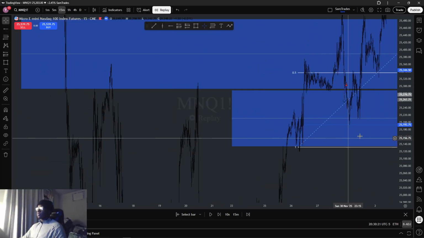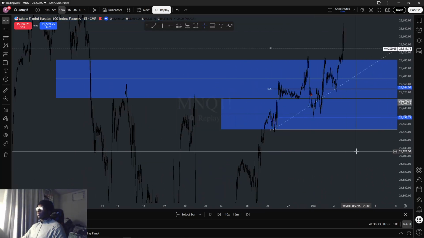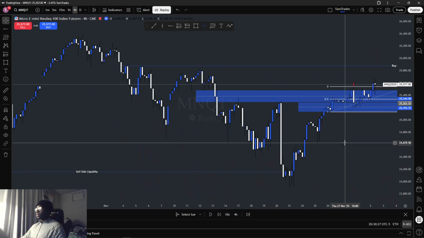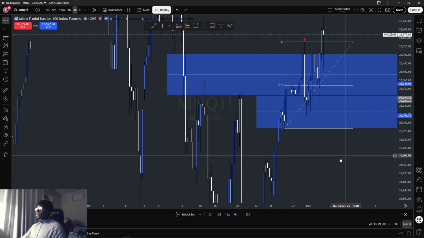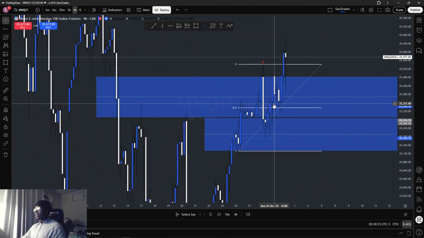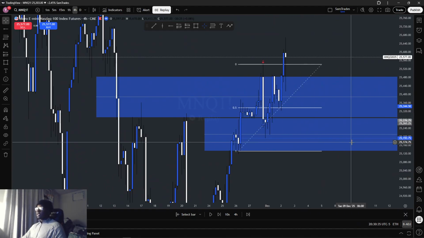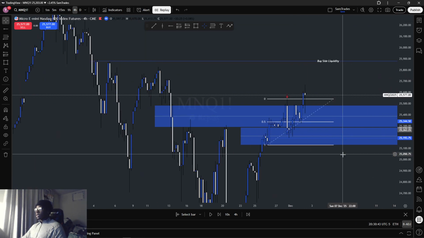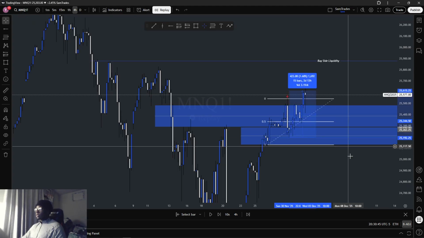But the important part is that it stayed within that 50% point. It went down a little bit, but it stayed within that gap, and it just consolidated on its way up to eventually hit take profit.